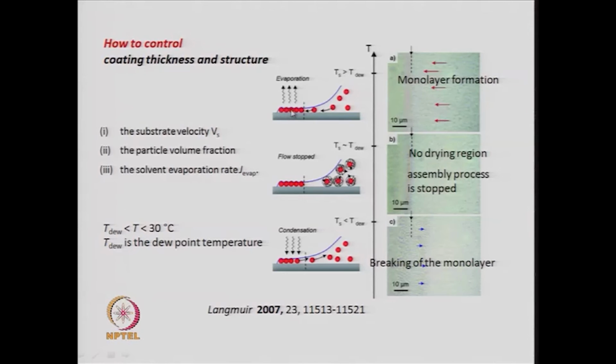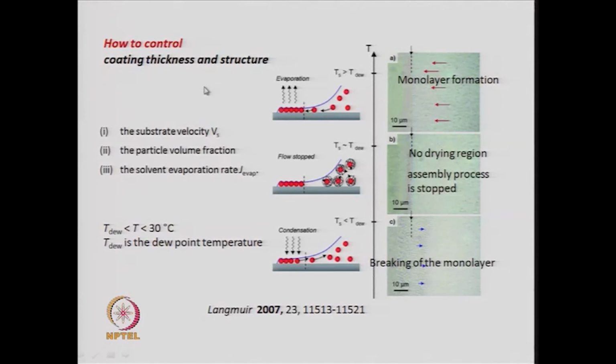Here, when the layer was forming, the particles were coming towards the contact line from the particle rich solvent and would eventually form the layer. When the temperature of the substrate is much less than the dew point, the layer which had formed has started breaking and the nanoparticles start moving into the solvent.